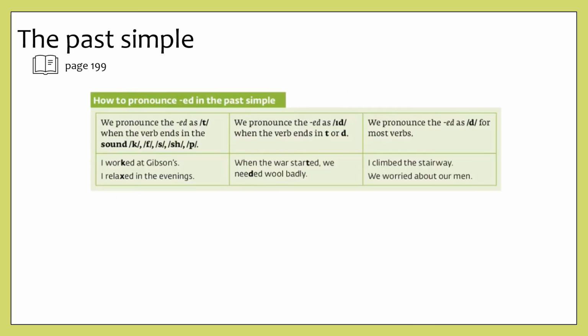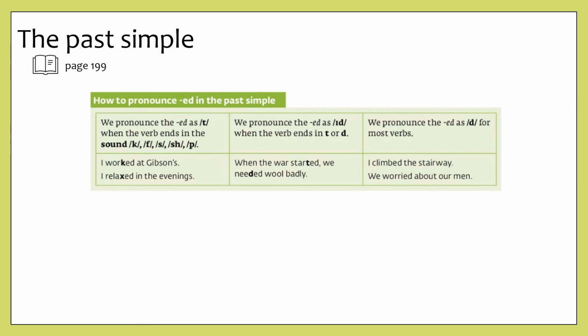This slide is about the pronunciation of the final sound of your past form. You can find this on page 199 below. So we pronounce the ed as a T when my verb ends in the sound K, F, S, SH or P. For example, I worked at Gibson's, I relaxed in the evenings.